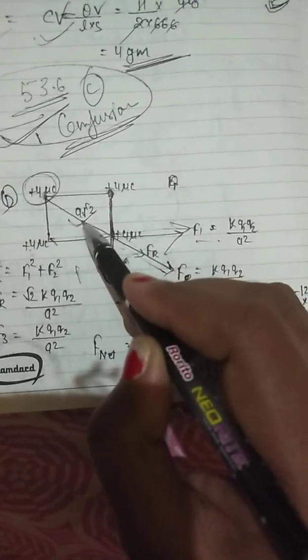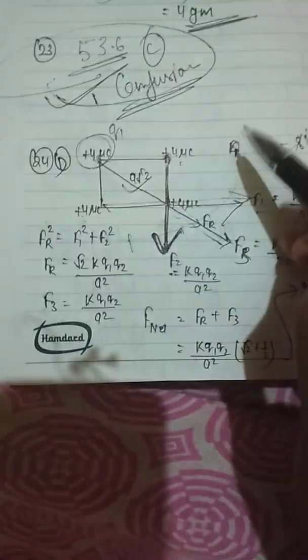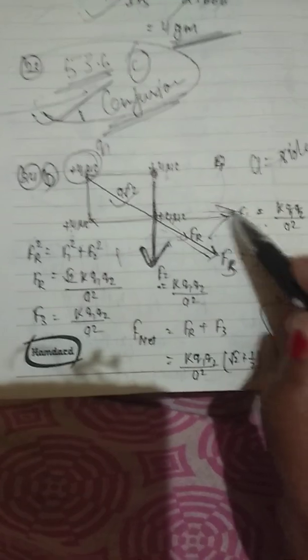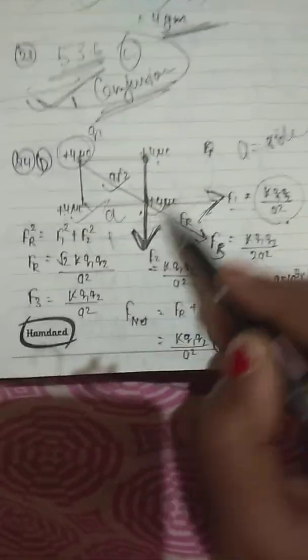Diagonal value will be A root 2, where A is the side of the square. So if charges, I have taken Q1, Q2. For F1, I am going with Q1, Q2, so K Q1 Q2 by A square, where A is the side. F2 again Q1 Q2, because all the values are same.